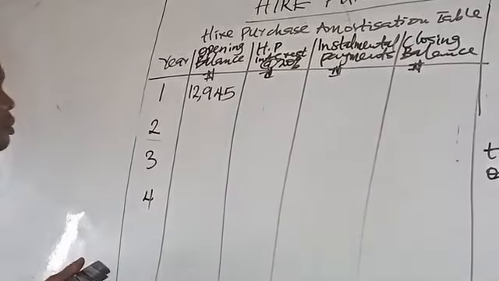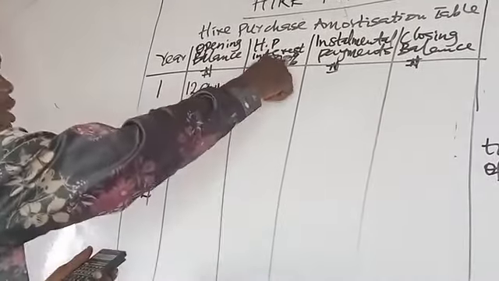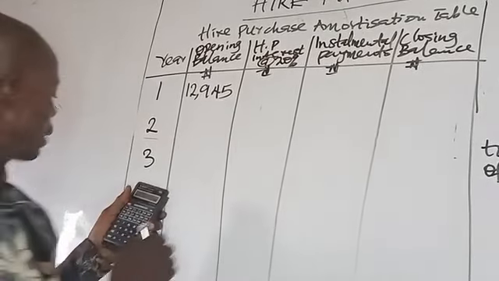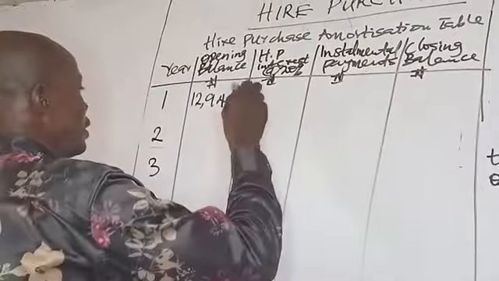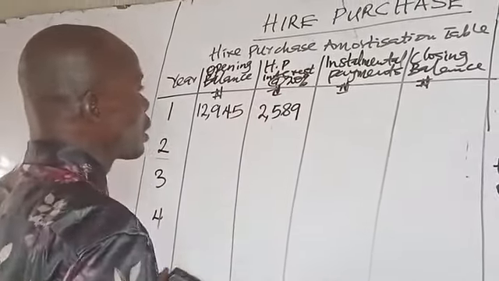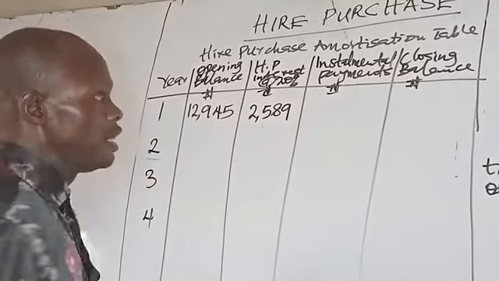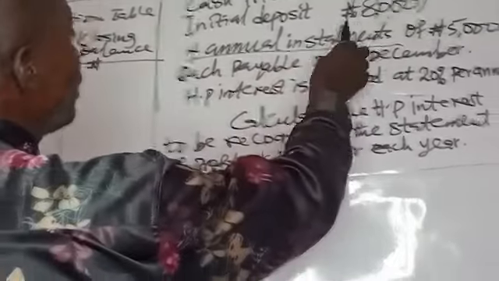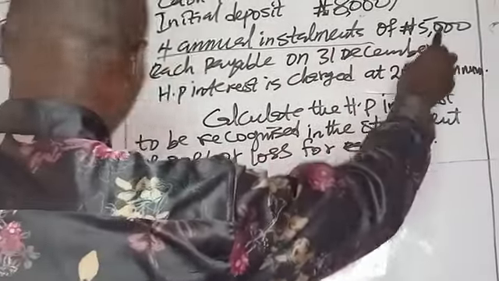12,945 will be used as our opening balance. Your hire purchase interest at 20%: calculate 20% of that, you have 2,589. Then installment payments. How much is the annual installment? 4 annual installments of 5,000 naira.